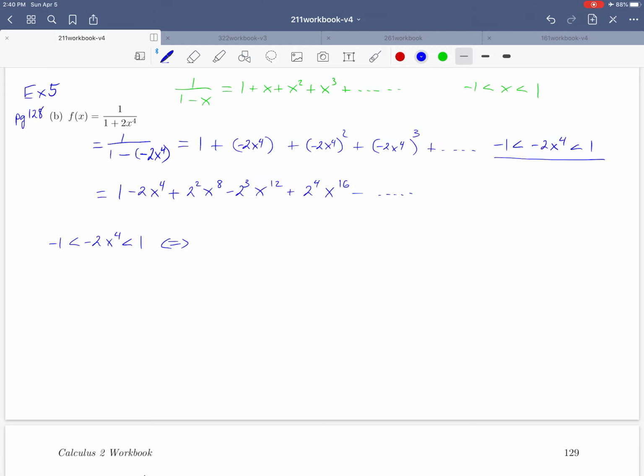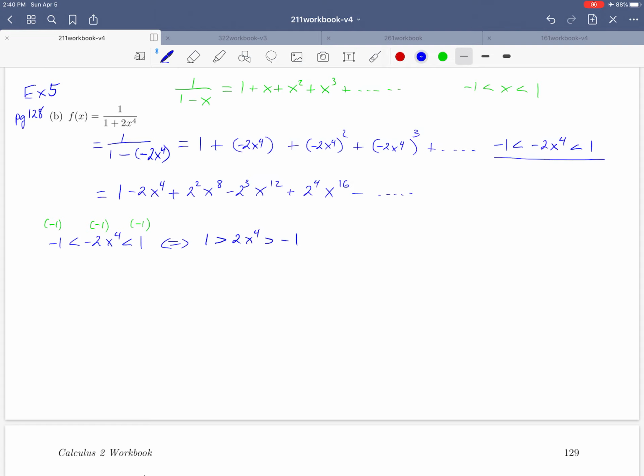There's a minus in front of the 2x to the fourth, so I'm going to multiply everything by minus 1. When you multiply an inequality by a negative number, you are flipping the inequality over. So you get 1 is greater than 2x to the fourth is greater than minus 1.